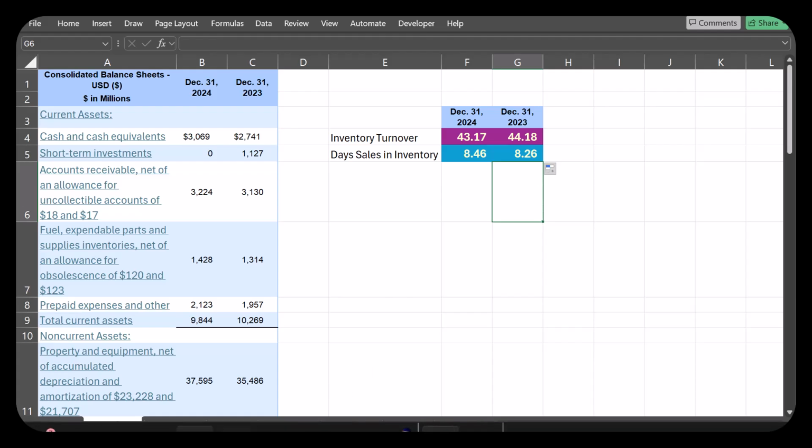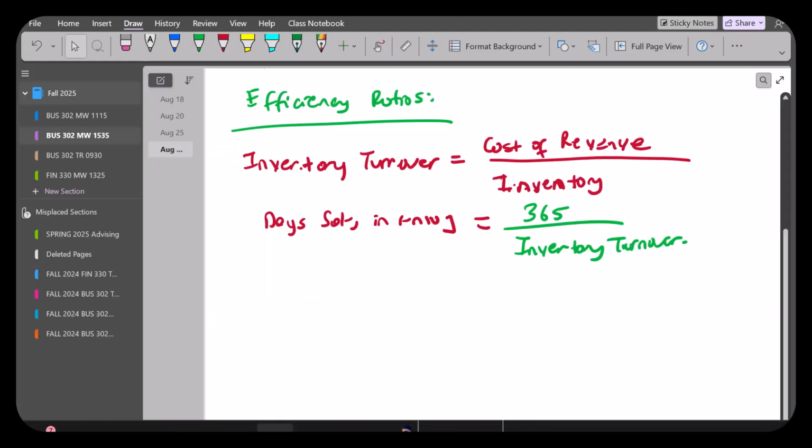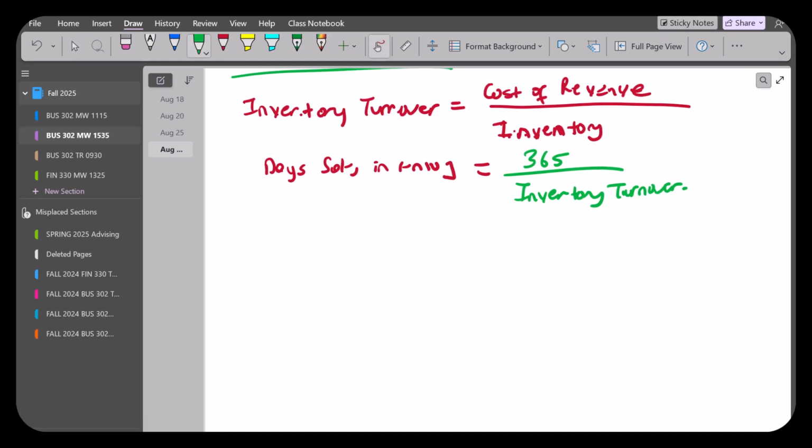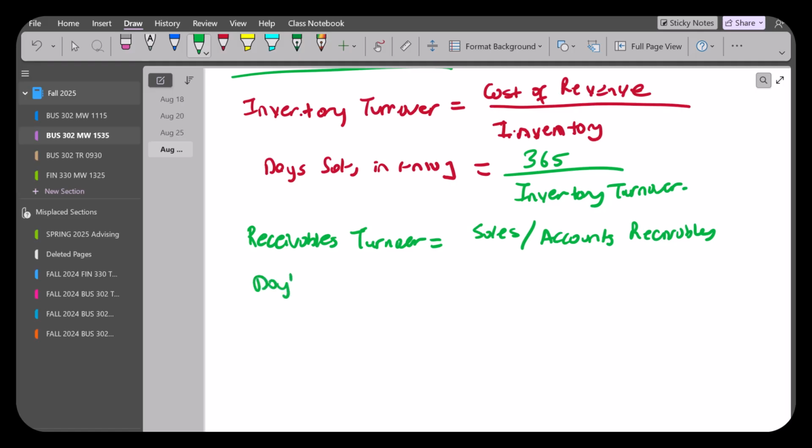There are other types of assets for which you can calculate turnover. One of the more important ones is receivables turnover, which is basically sales over accounts receivable, or days sales in receivables.